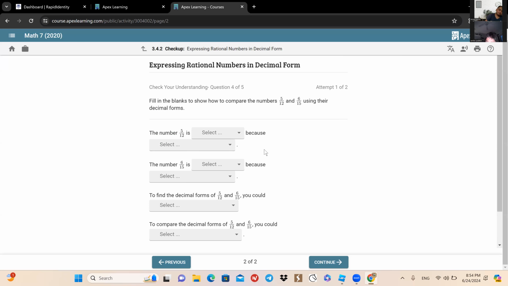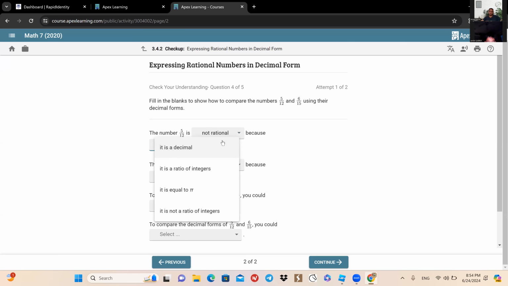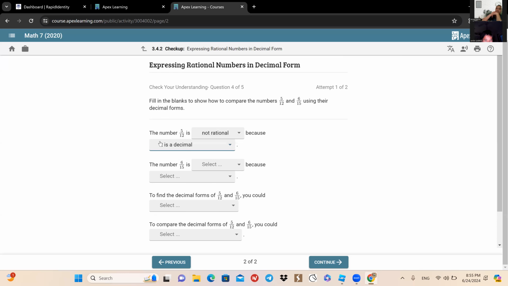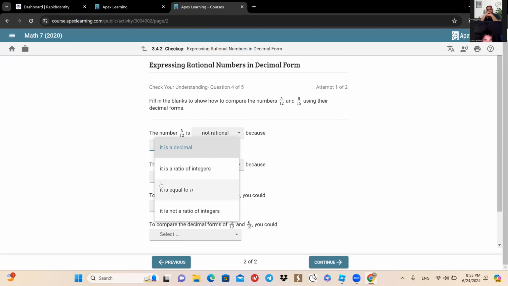The number 5/12 is not rational. No. It is rational.